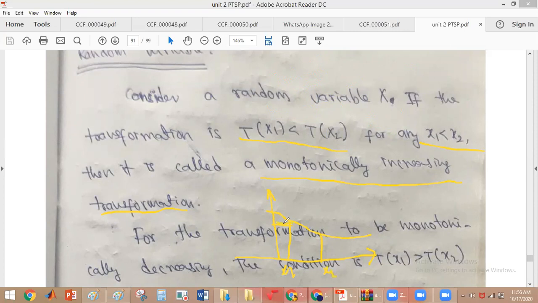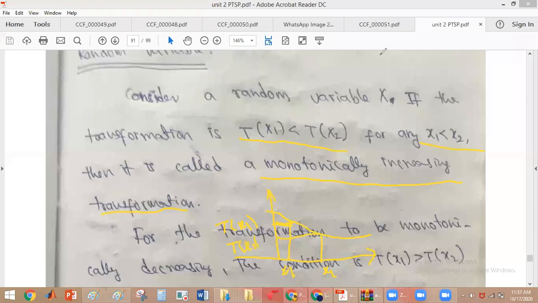Now if you measure the value at x1, this is T(x1), and the value at x2 will be T(x2). Now if you measure these values, we can observe that T(x1) is greater than T(x2), yes or no?